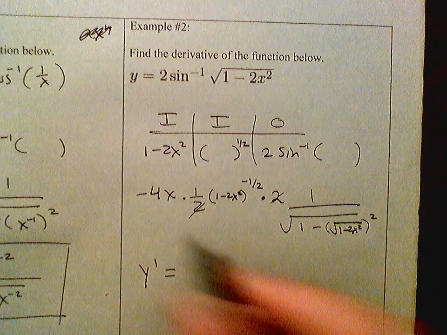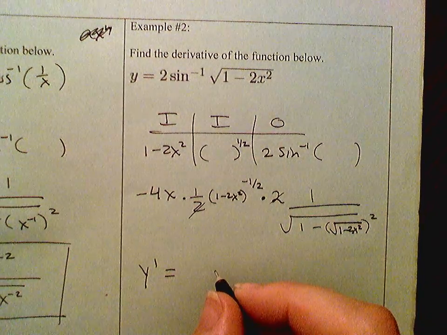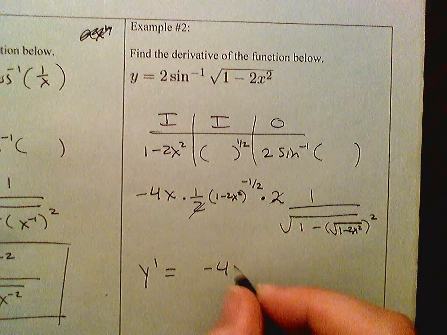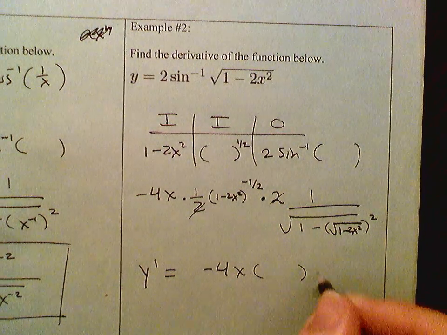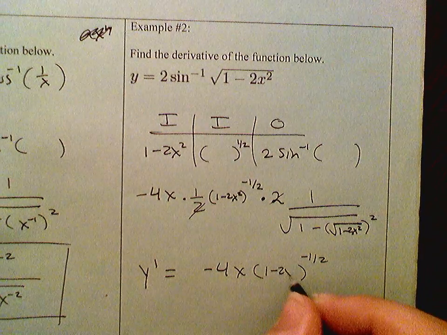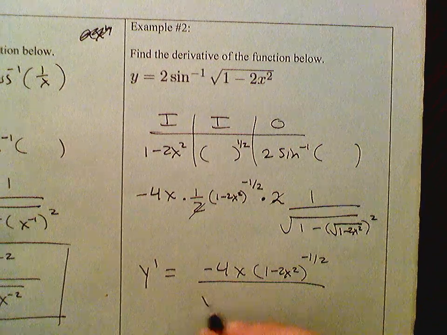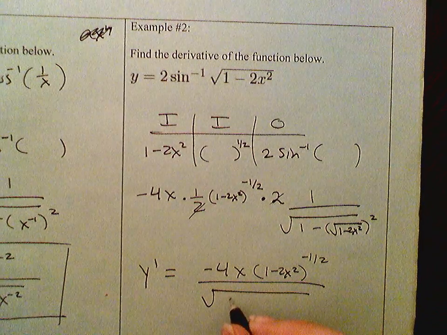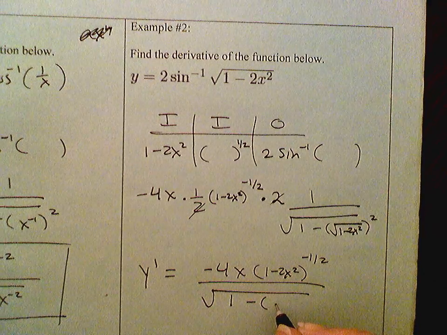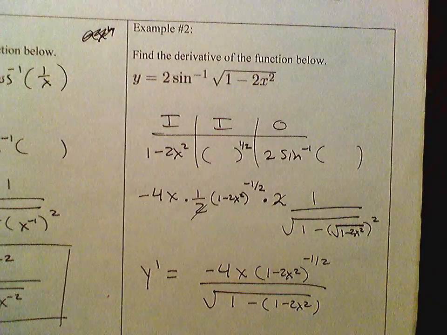Okay, so these are canceling, right, so I'll just have in the numerator negative 4x, 1 minus 2x squared goes inside, all over radical 1 minus, now I'm squaring a radical, so I've just got this, okay?